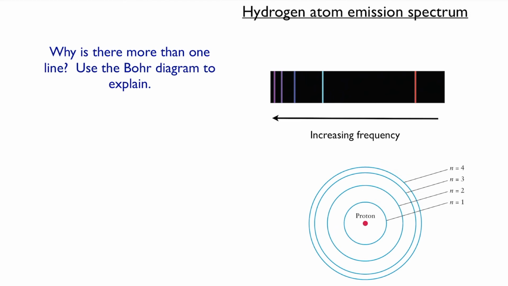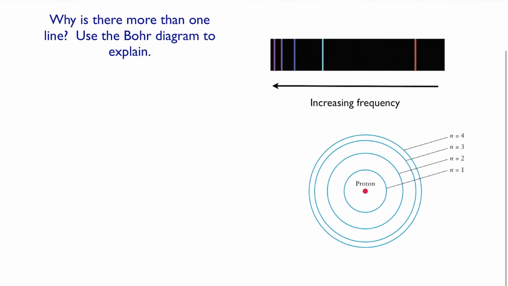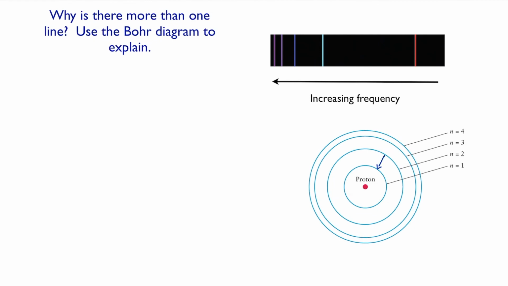Once again, with an emission spectrum, I've got an example here for hydrogen. We have a whole sequence of lines, and this sequence of lines is specific to the hydrogen atom. It would be a different sequence of lines if this was the spectrum for sodium or potassium or magnesium, because we've got a number of possible movements. We could drop an electron back from n equals 2 to n equals 1, or n equals 3 to n equals 1, or n equals 4 to n equals 1.